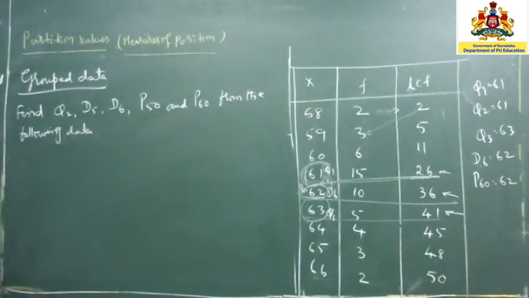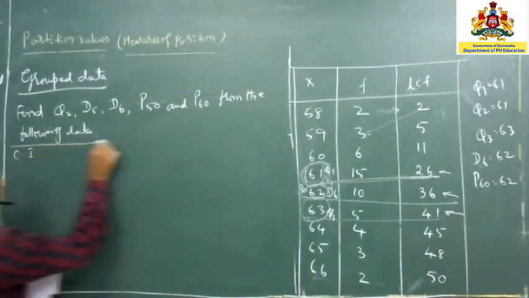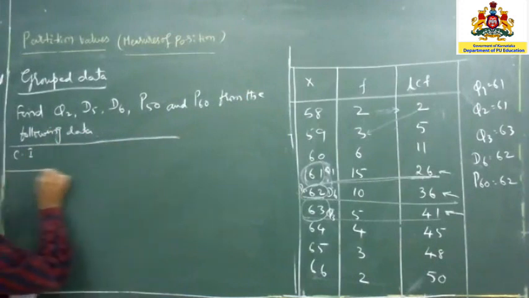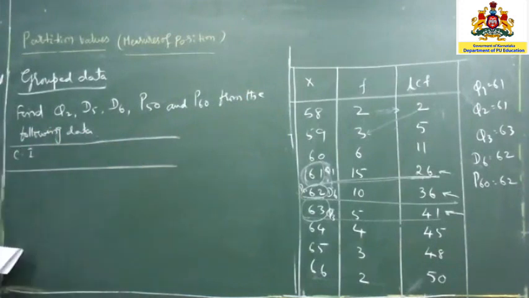What kind of data is given? The data is given like this: class intervals, and frequencies, or simply sometimes small f will be given.